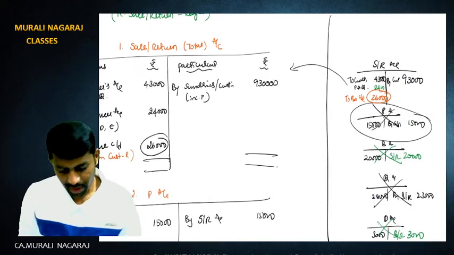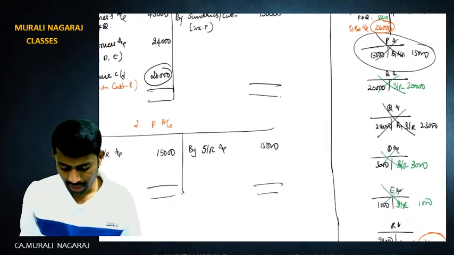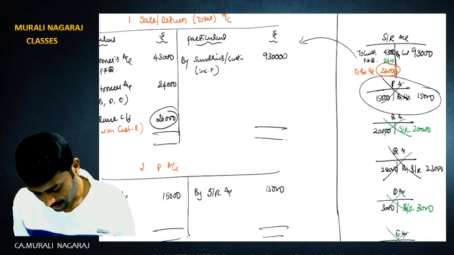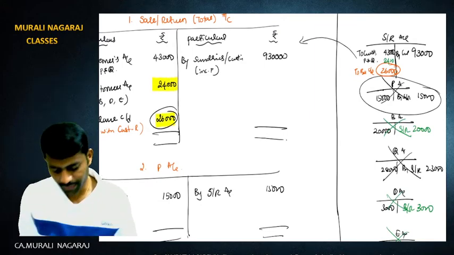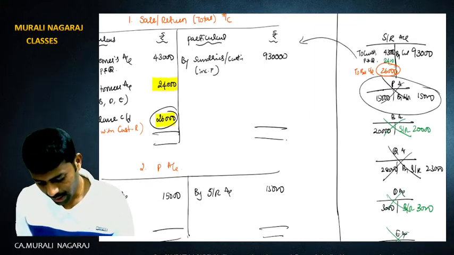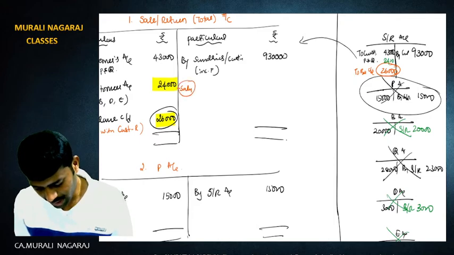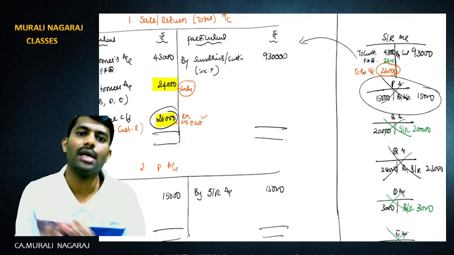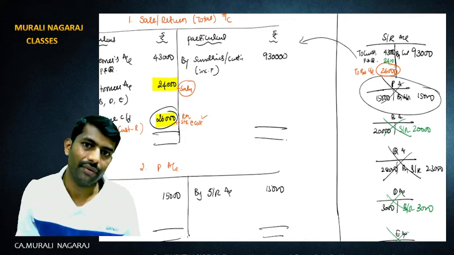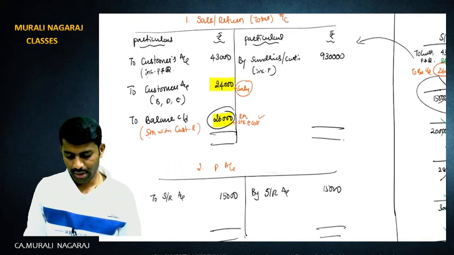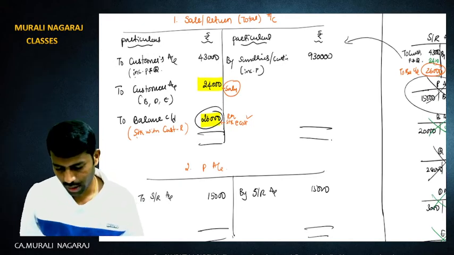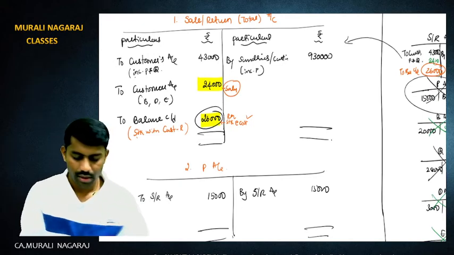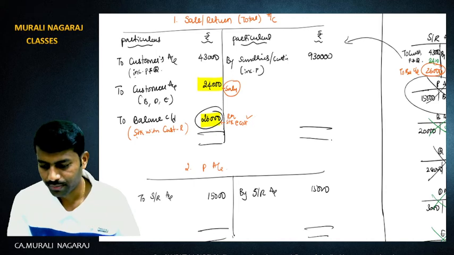But in a normal ledger, only for these two entries will come: the sales entry, and the stock at cost. For the balance, the main ledger entry will not come. So this is the solution for this problem.